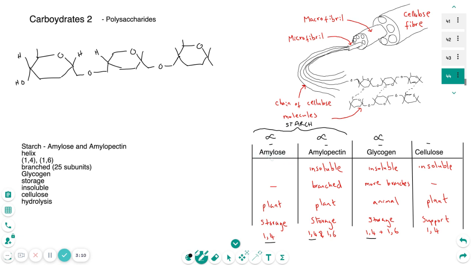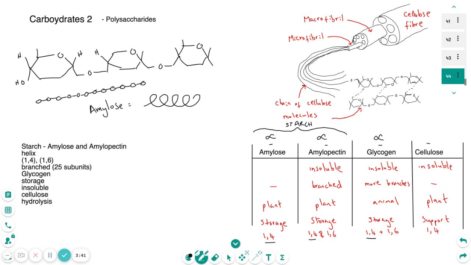So amylose is only what we call 1,4 glycosidic. So it's just one big long chain like this. And as that chain keeps going, the hydrogens and the hydroxyls interact with each other, forming hydrogen bonds. What that does is the amylose starts to form a helical shape.